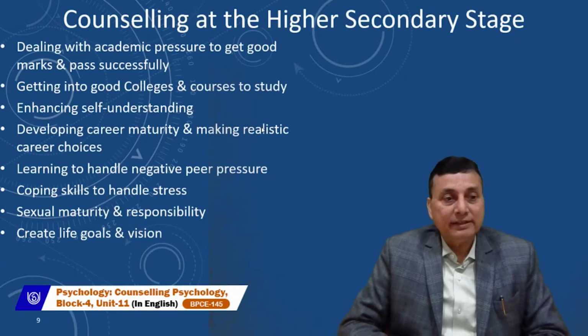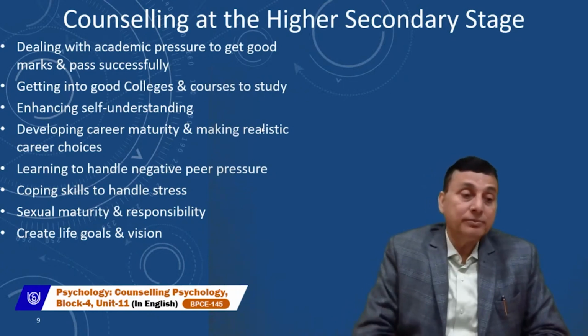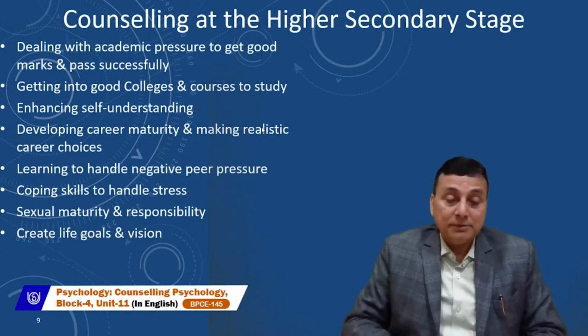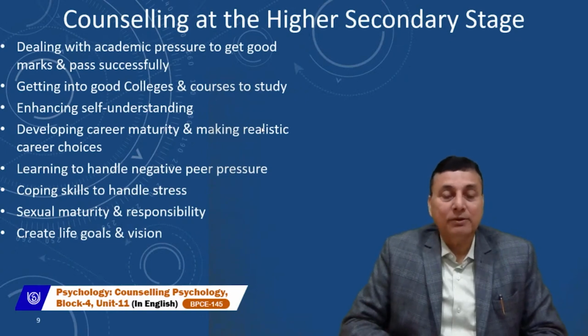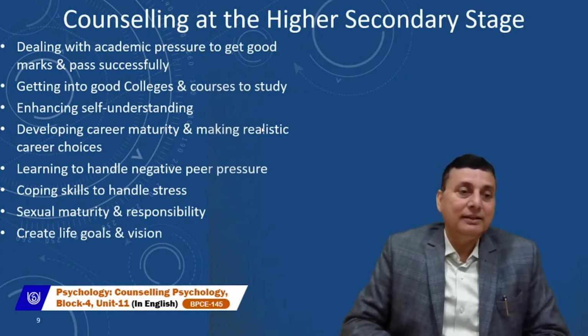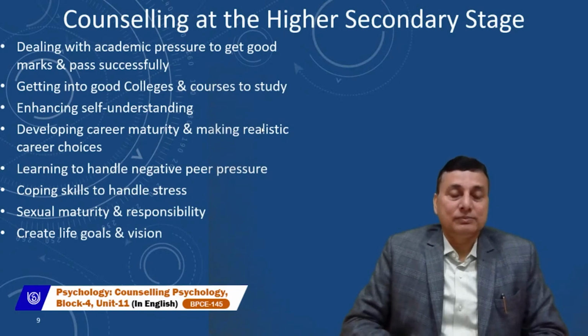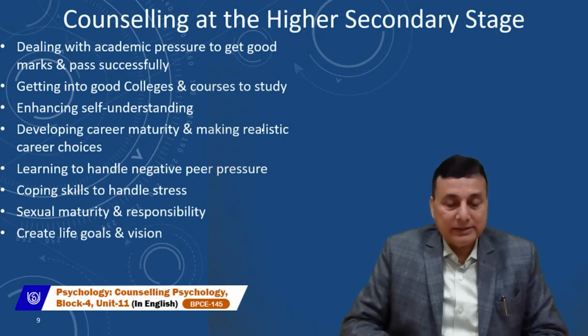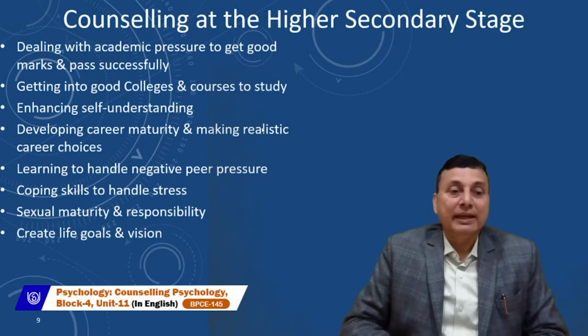Sexual maturity and responsibility. This is again very important at this stage. Some of the children have a tendency to experiment, so they must be taught about this. They must be given information about sex, pregnancy, sexually transmitted infections, HIV/AIDS.